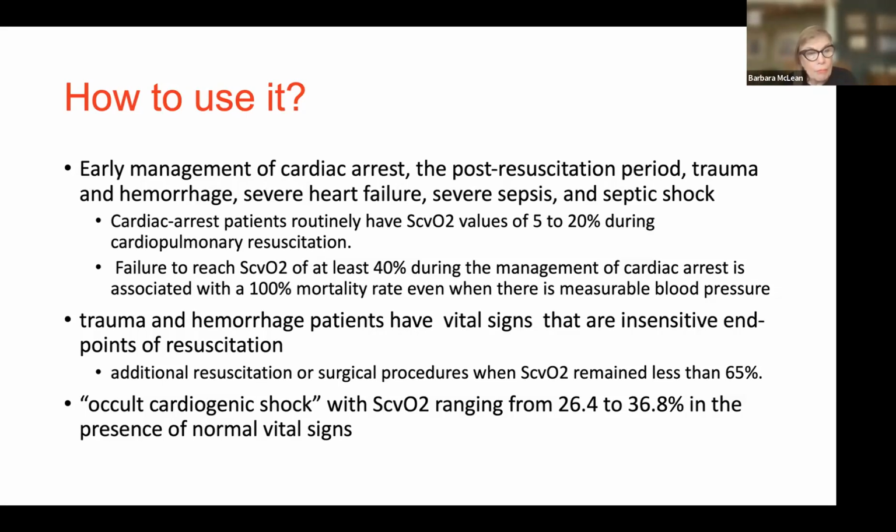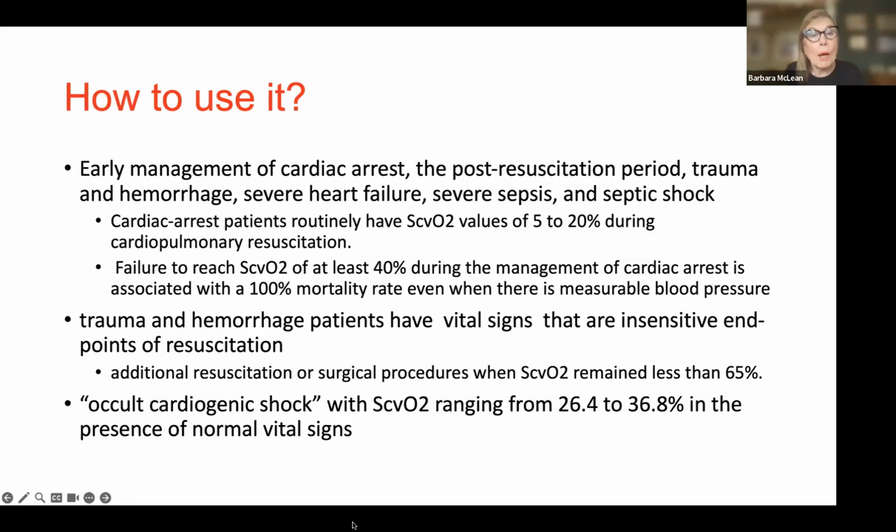Pay attention. In a cold cardiogenic shock, sometimes we can have patients who were maybe hypertensive before, we don't know, and they have normal vital signs. They may have a relatively normal heart rate, respiratory rate, and blood pressure, but their ScvO2 is less than 40%. They're going to die.